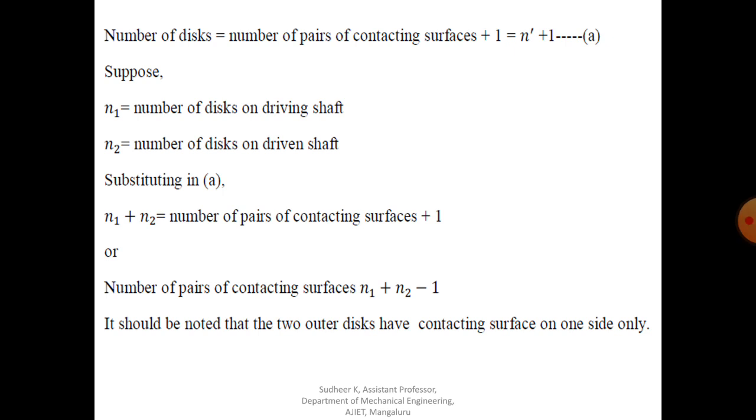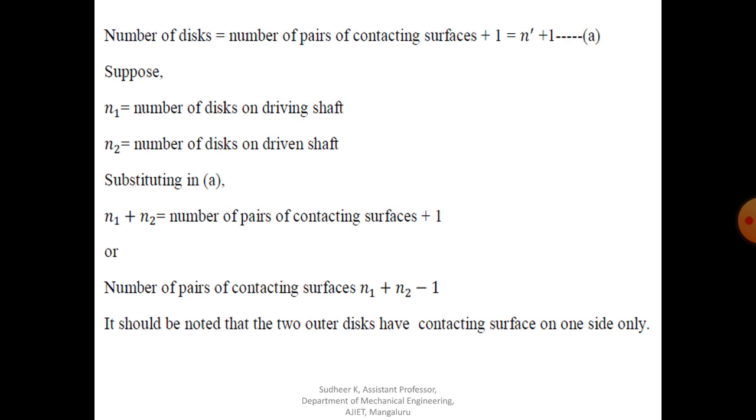So now, all the important theory of clutches: we studied the definition of clutches, then different types of clutches, and from the syllabus point of view we studied one important clutch, called the friction clutch. In friction clutches we have different types like cone clutch, centrifugal clutch, and disc clutch or plate clutch.